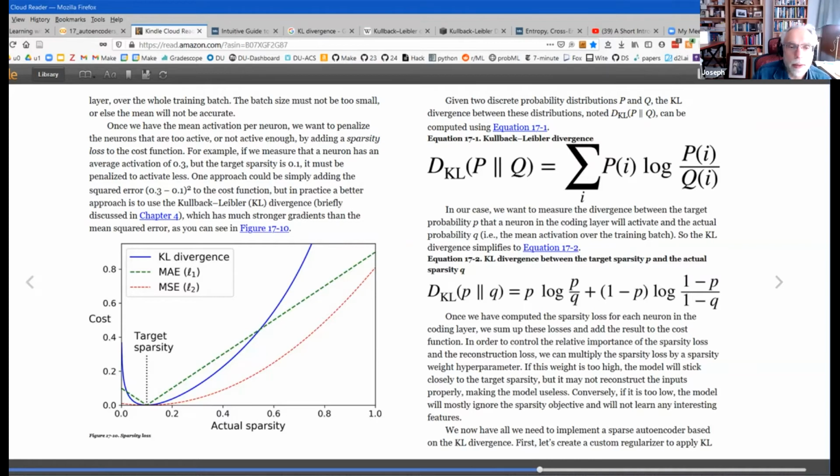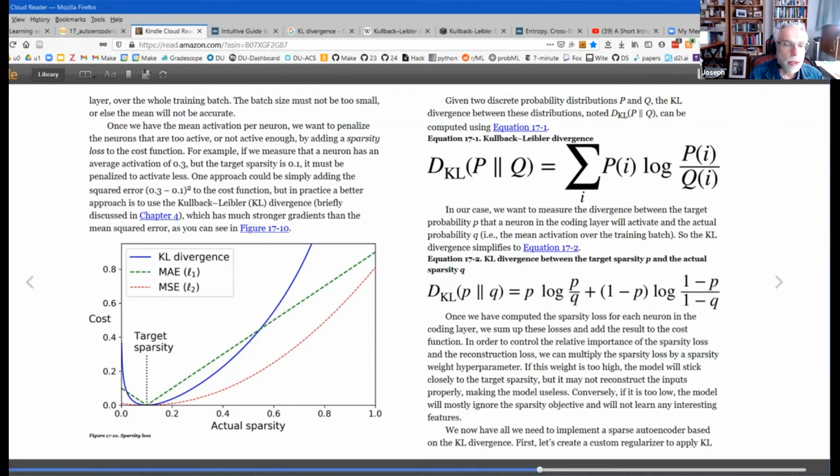But the point is that the P log P term is the entropy, and the P log Q term is the cross entropy. And the difference of those terms is the KL divergence. When the predicted distribution is close to the actual distribution, then the difference will be 0, and the KL divergence will be minimized, and that's what you want to do in a problem like this.